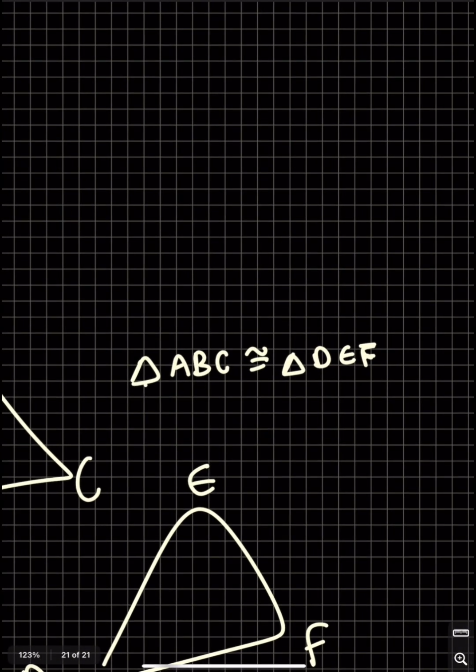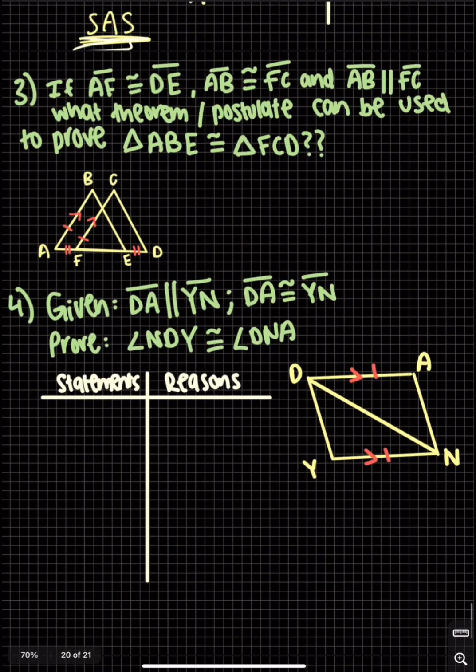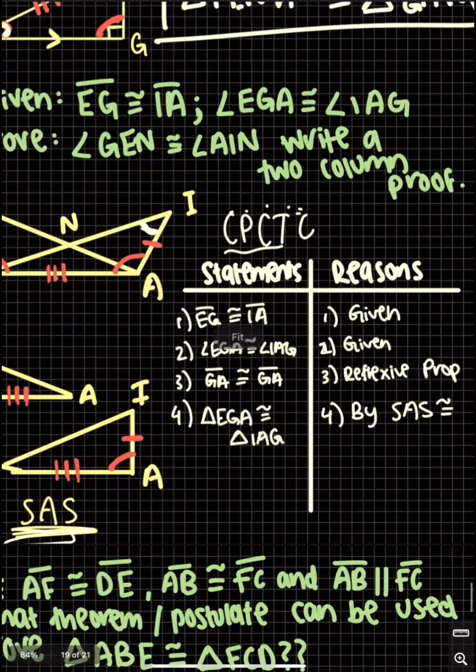By CPCTC, the congruent parts are congruent, meaning that AB and DE are congruent, angle A and angle D are congruent, and angle C and angle F are congruent.